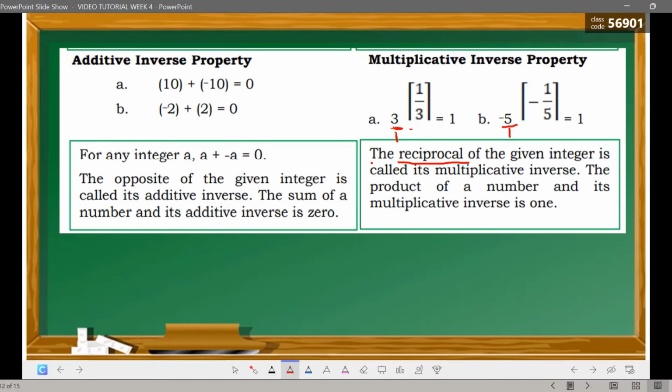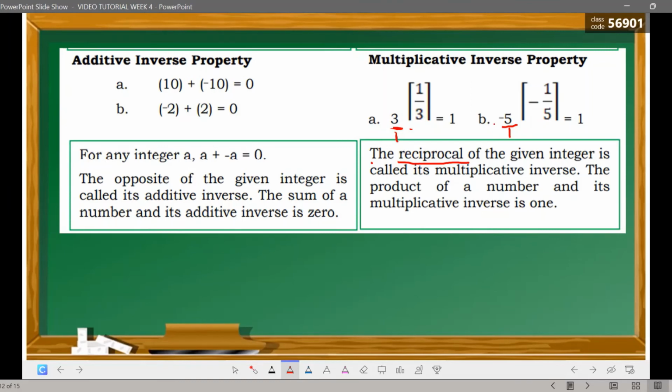Yung 3 na numerator, magiging denominator. And yung 1 na denominator dito, magiging numerator. Okay? So, binaliktad. So, pag minultiply natin yan, yung whole number at saka yung reciprocal niya, the answer will be 1. Okay? Lagi po yan.